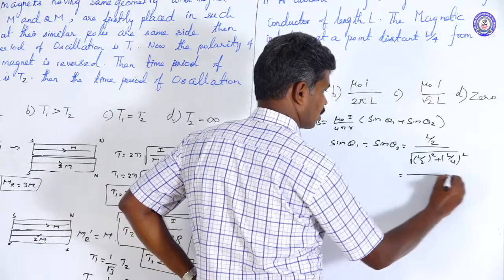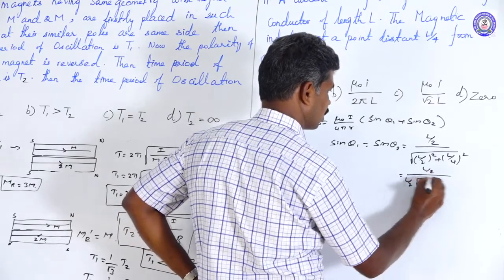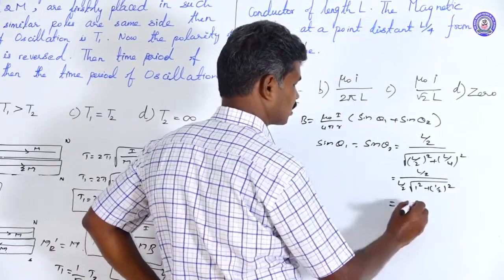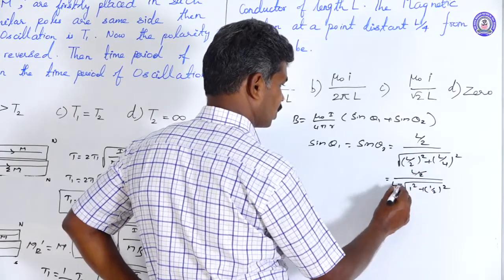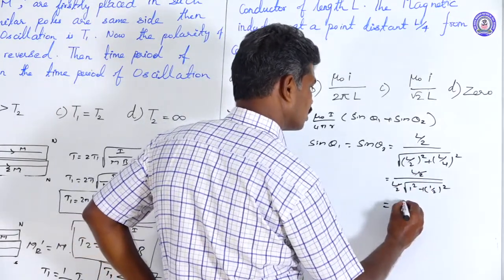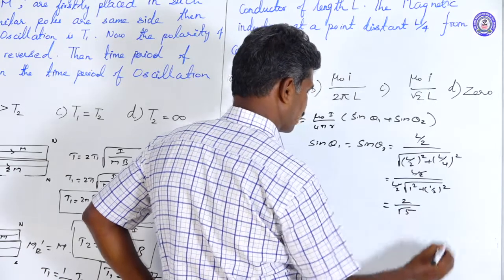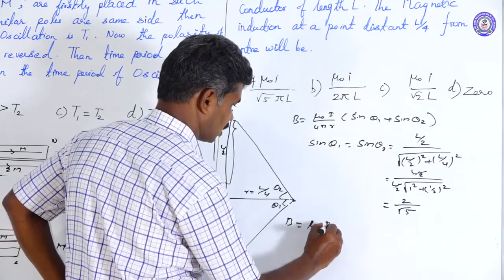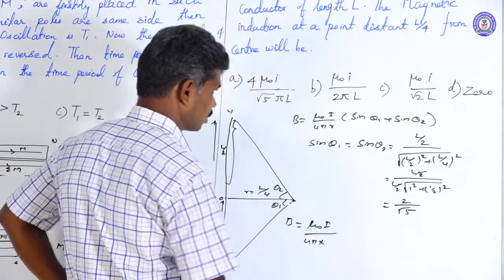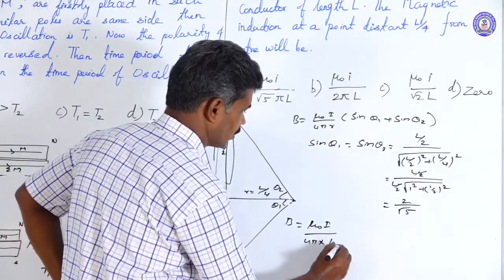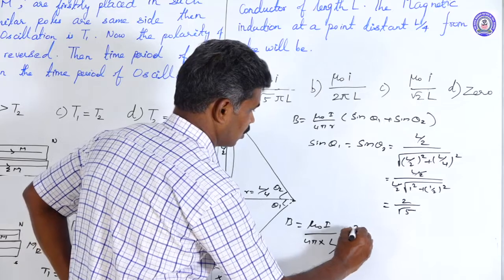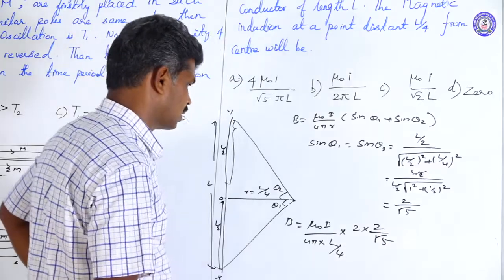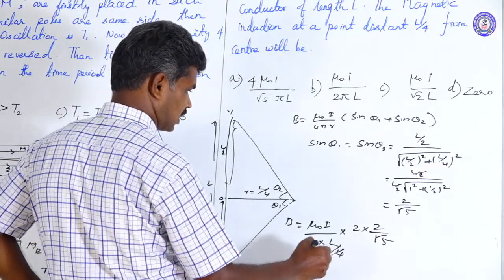So L by 2 of the square root of 1 square plus 1 by 2 whole square. Then L by 2 is cancelled, and we will get 2 divided by root 5. That's why B is equal to mu naught I by 4 pi into, instead of R we substitute L by 4, into 2 into 2 divided by root 5. The 4 and 4 are cancelled.